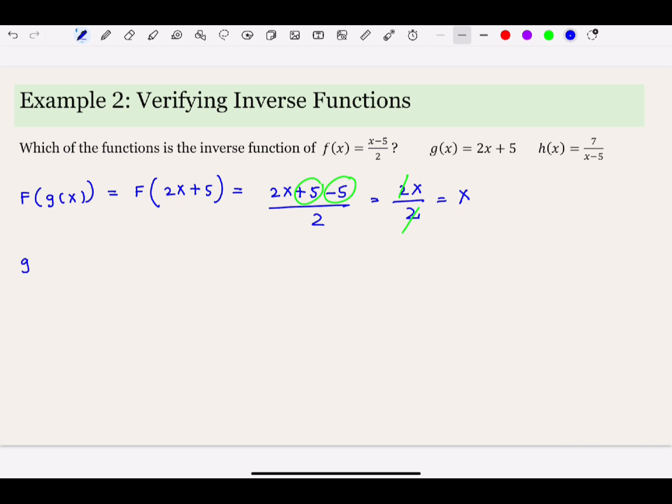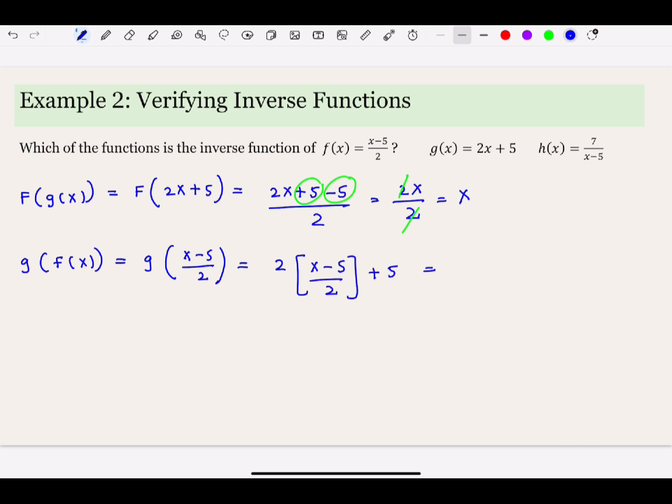You have to check the other way around as well. So you have to check the composition of g and f. So here let's replace the f function, that is x minus 5 over 2. Okay, so now let's use the definition of g, which is 2 multiplied by x. So instead of x, I need to write my input in this function, which is x minus 5 over 2, plus 5.